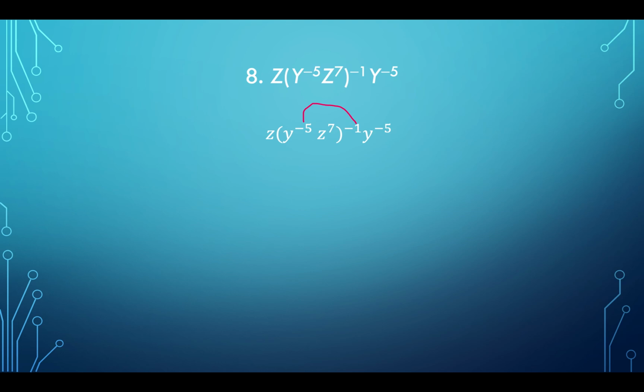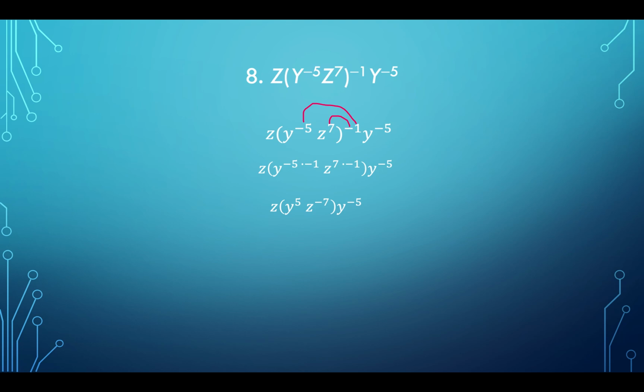So it's going to be y to the negative 5 power, and then z to the 7 power. Now we're left with z, and then parentheses, y to the negative 5 times negative 1 power, times z to the 7 times negative 1 power, close parenthesis, times y to the negative 5.